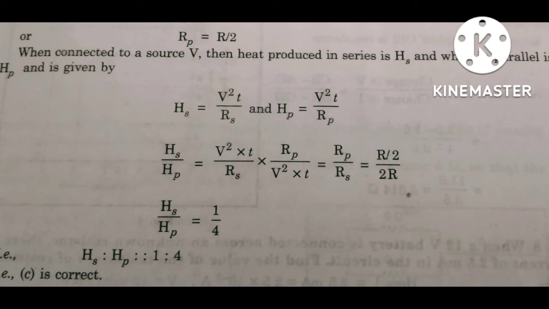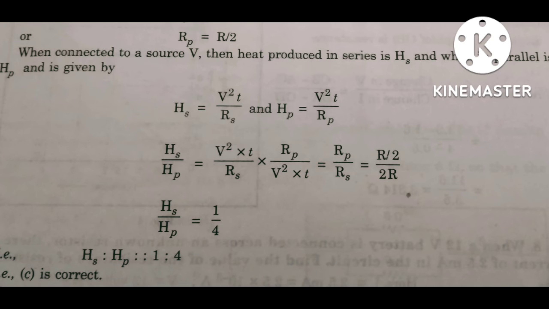Here we don't know the value of I, so we can write this I as V by R. Then we will get the equation as Hs is equal to V square T by Rs, because we are substituting that V by R in case of I. So that will be V square T by Rs, and in the case of parallel combination that will be V square T by Rp. Now we have to find Hs by Hp, that is the ratio of heat produced in series and parallel combinations.